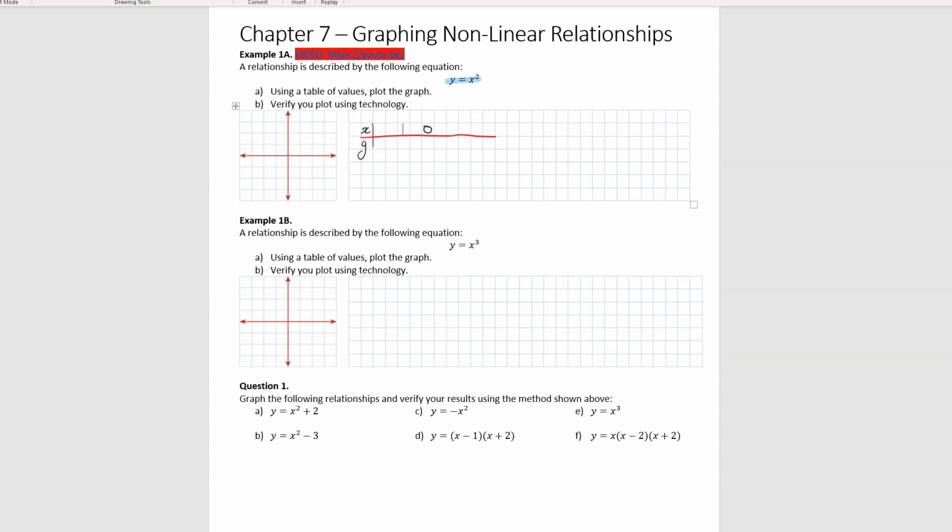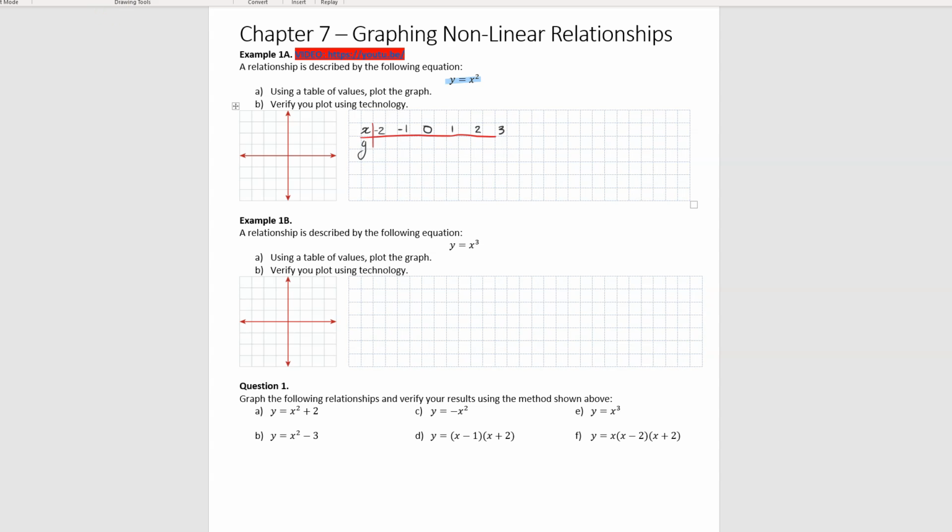Because I've chosen 0, I'm going to pick some values going up: 1, 2, and then 3. And similarly, we'll go -1, and then -2. It's a little bit asymmetric here, but we should be able to get a general trend of what's going on simply by investigating what these values equal.